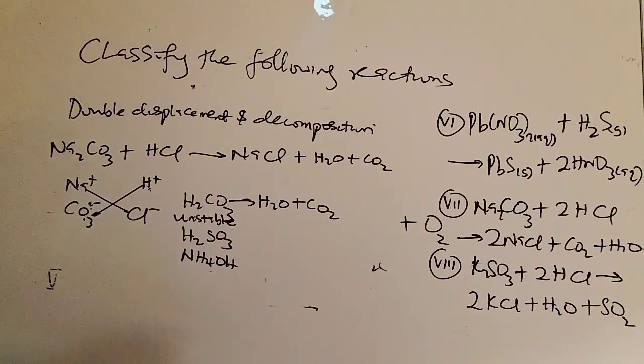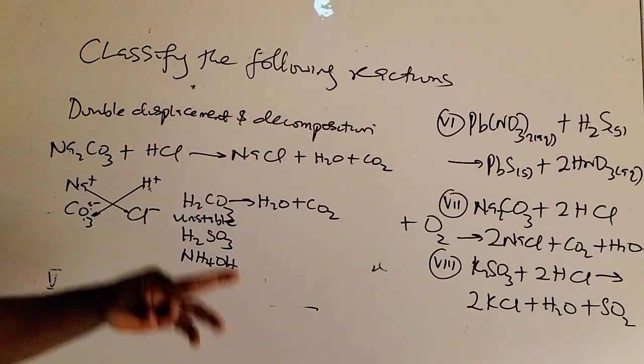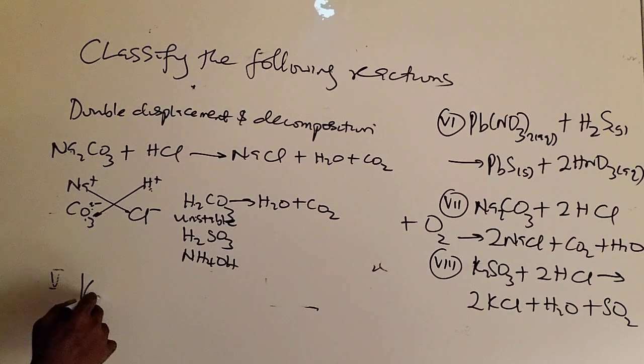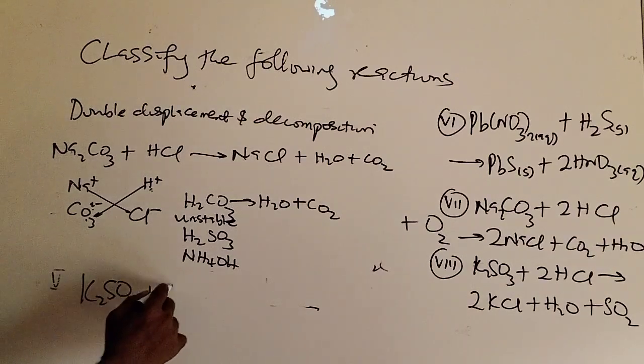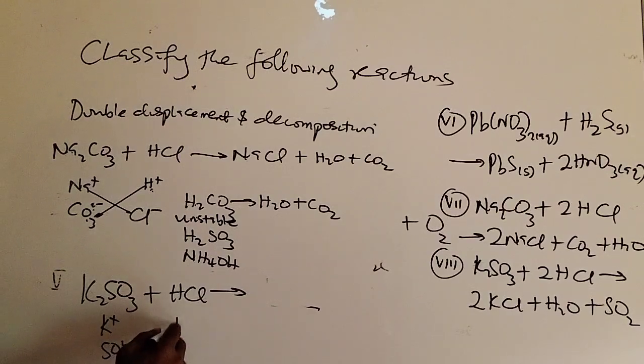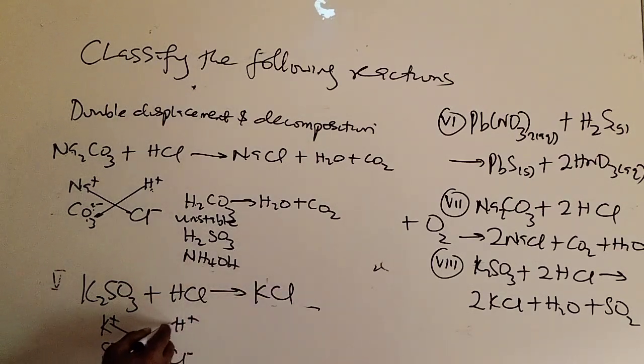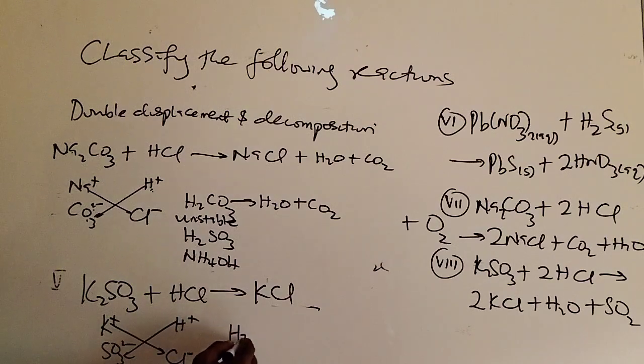Going to number 8. Number 8 is also double displacement and decomposition reaction. Check it very well. You can see K2SO3 plus HCl. We now have potassium and then SO3, hydrogen and then chloride. On the opposite ions interchange, you have potassium chloride. Then bring this together, you have H2SO3.